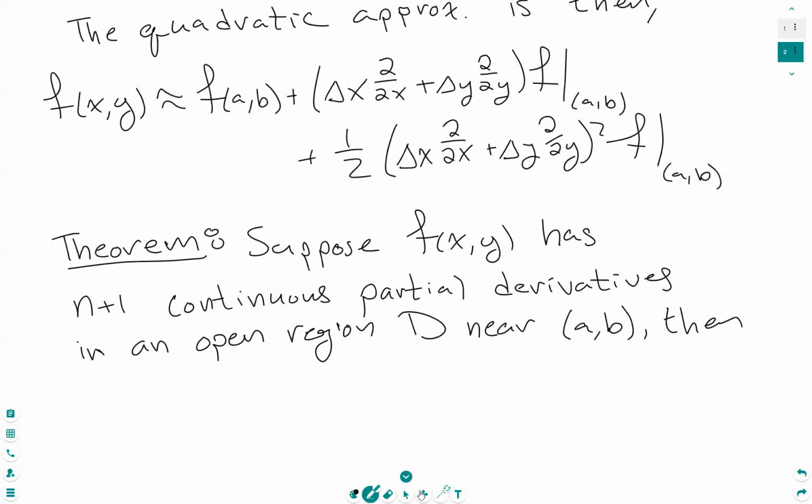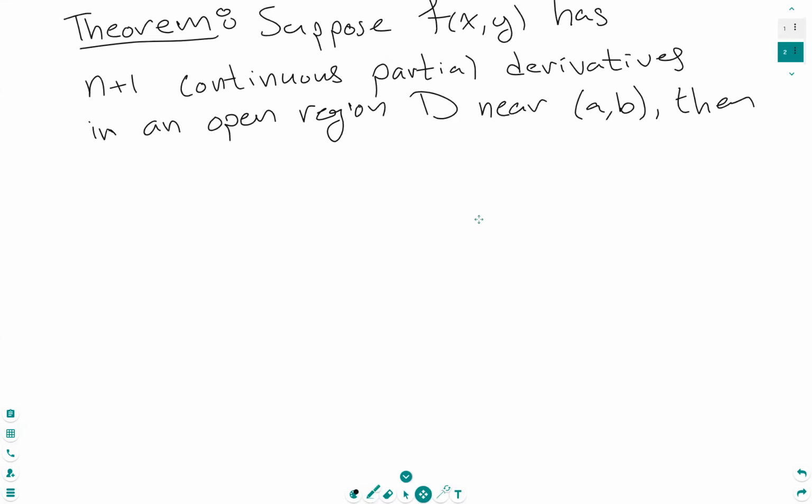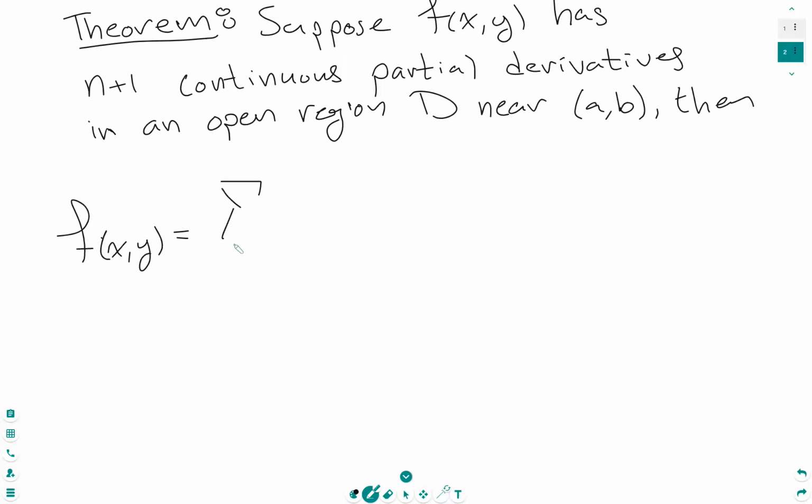Then we say that f of xy is equal to the sum of I equals 0 to n. Remember, we have n plus 1 continuous partial derivatives.